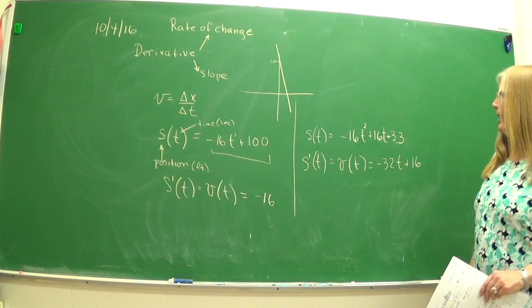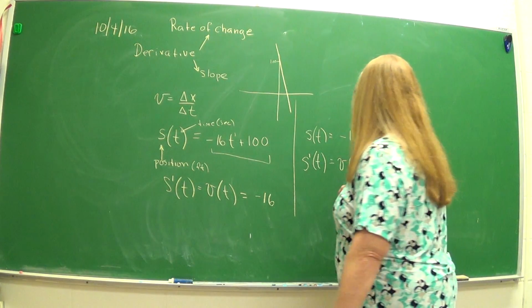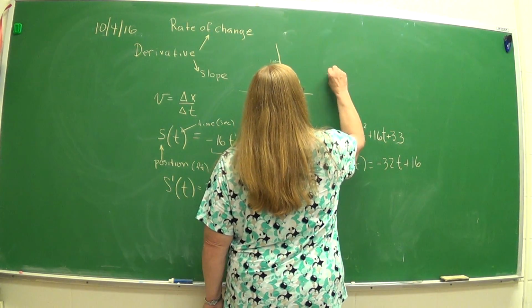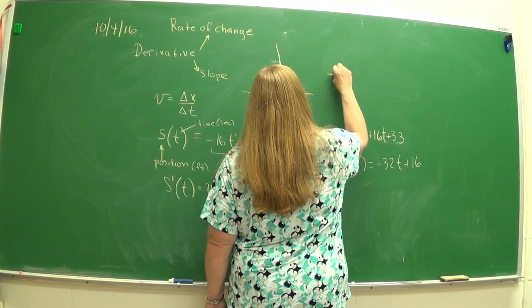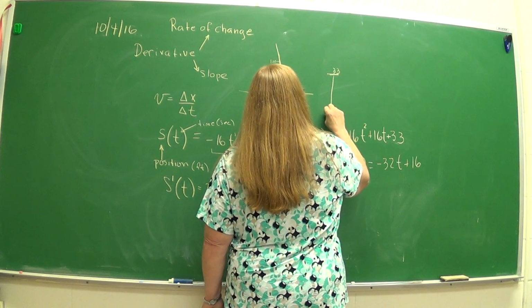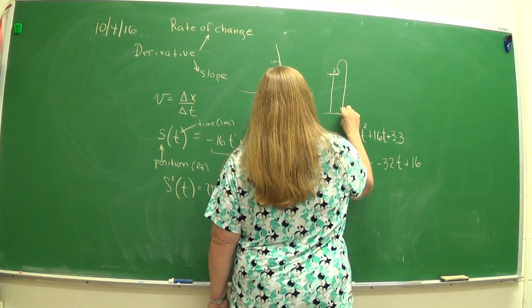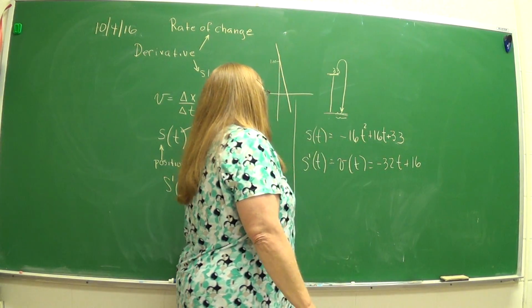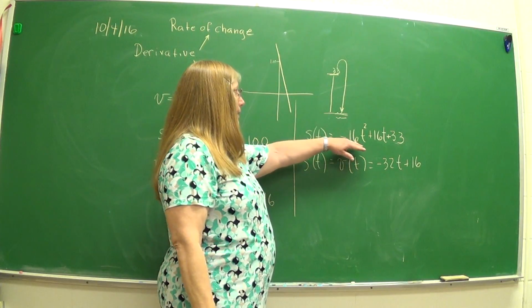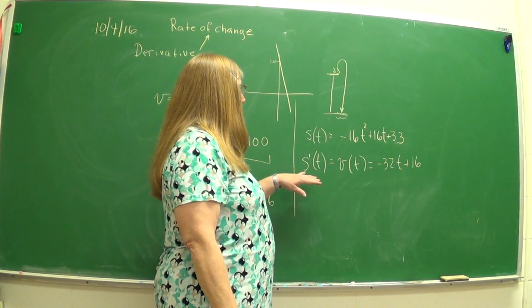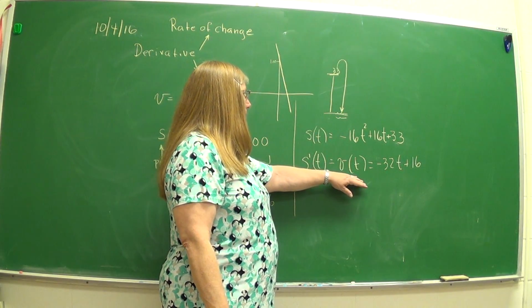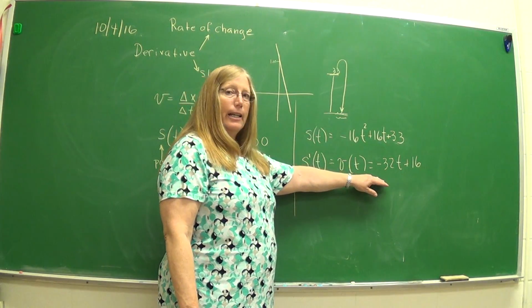So let's say that this is a diver. They're starting on the platform that is 33 feet up, and it's going to go something like that into the water. We could trace its position with this function, and now we have a picture of its velocity at any point.